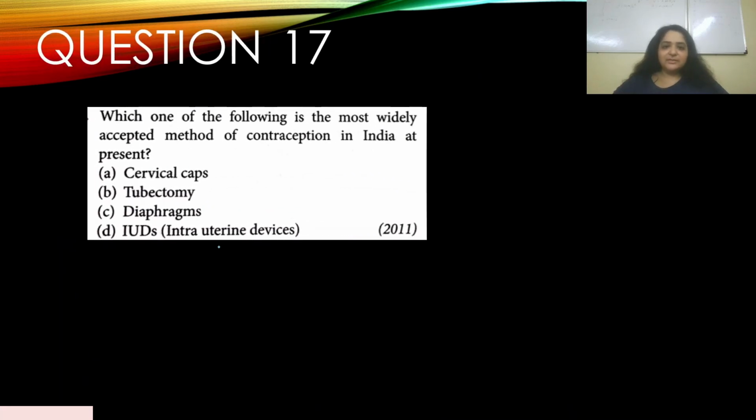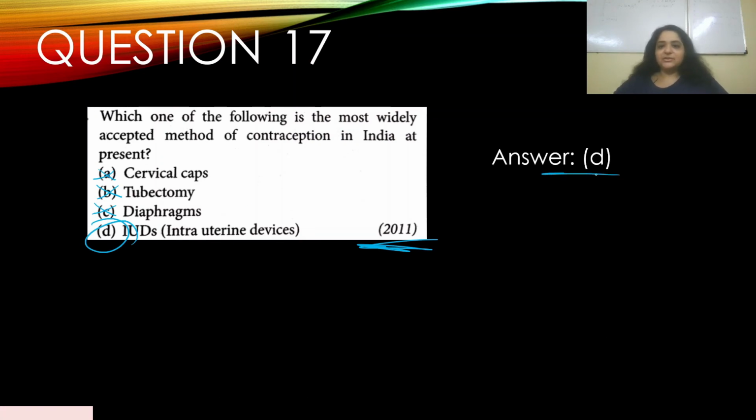Okay, question number 17. Which one of the following methods is the most widely accepted method of contraception in India at present? This appeared in 2011. Learn this as a fact. It's not cervical caps, it's not tubectomy, it's not diaphragms, it's actually IUDs. It's a widely used method in India.